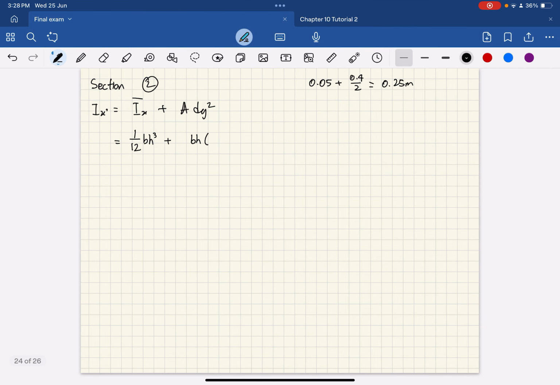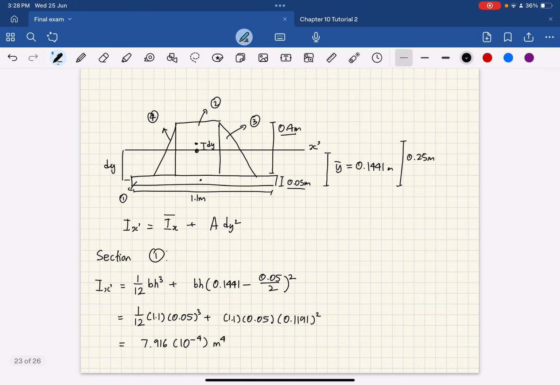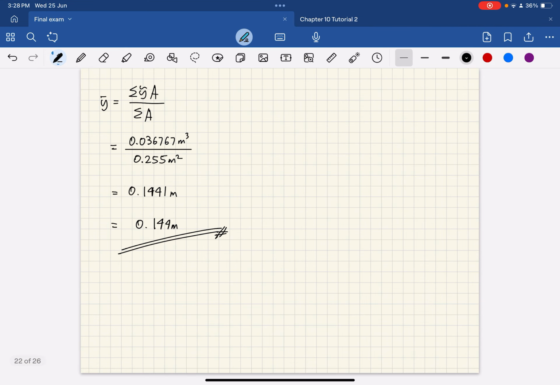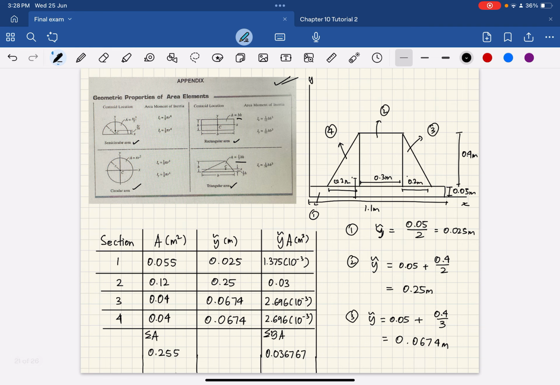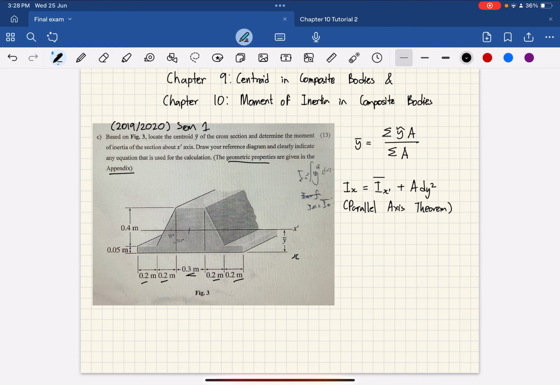So it is just 0.25 meters subtract 0.1441, squared. Okay, so 1 over 12. Our base in this case would be 0.3, if I'm not mistaken. 0.3 meters. Let me just double check in the diagram. Yeah, 0.3 meters.